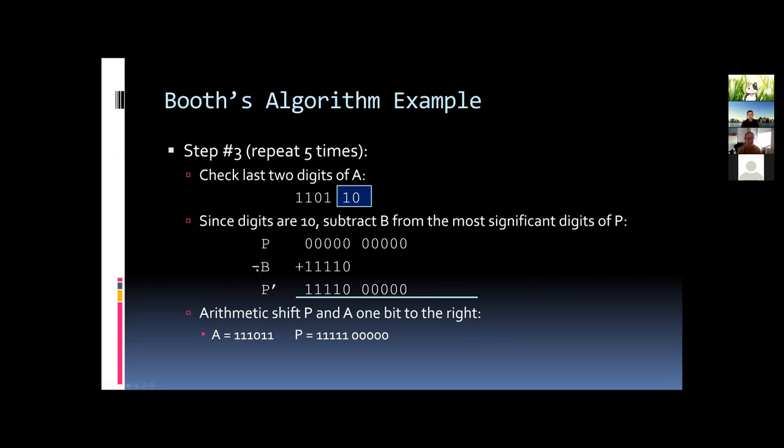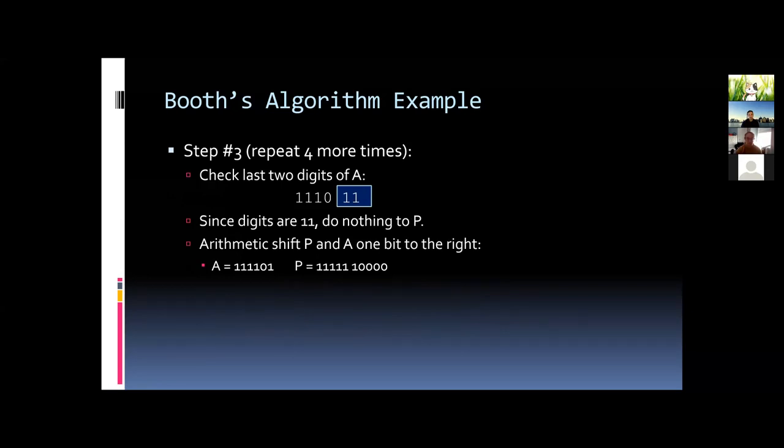So minus B is this, and we need to add that to the result, and this is the intermediate P prime that we get. So this is minus B. We conveniently already collected that on the previous slide. Then the arithmetic shift is applied after that, 1 bit to the right. So A is shifted, so we do rotations of 1. So we get this value and this value for P, okay?